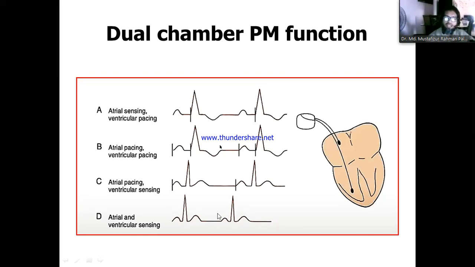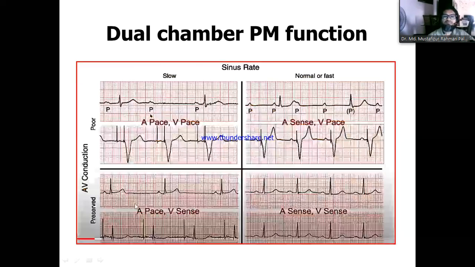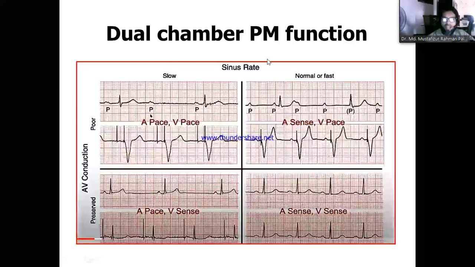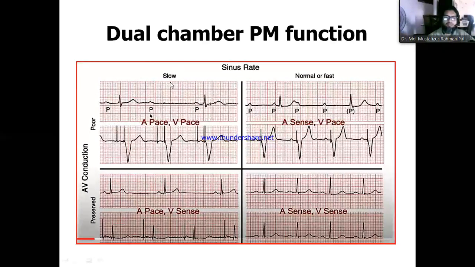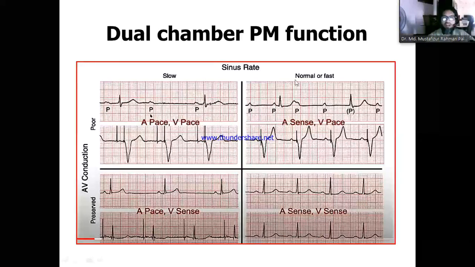Occasionally they show normal conduction, and occasionally the conduction rate may drop down. At that time the pacemaker will work. When it is not needed, it is absolutely silent. So these are the dual chamber pacemaker functions. When the AV conduction is poor and the rate slow, A pace, V pace occurs.